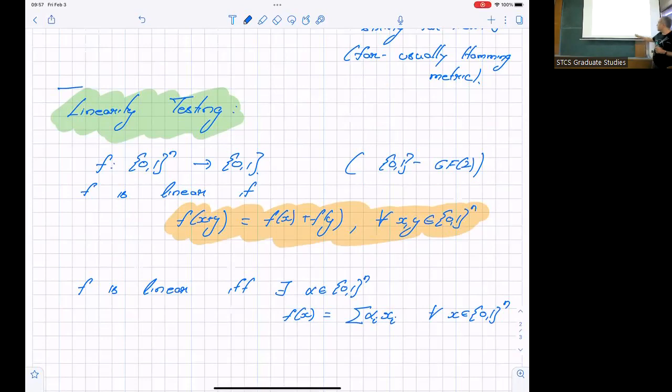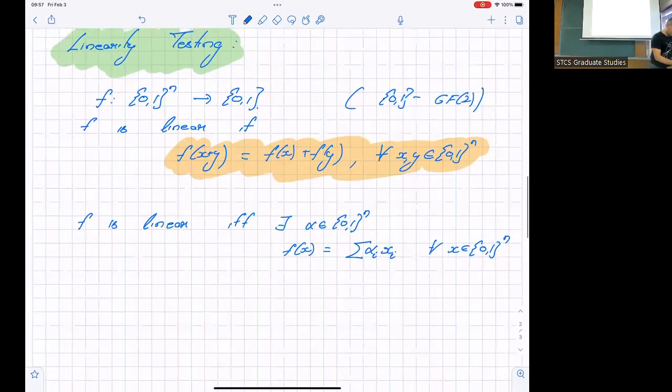This summation is happening over GF2. These are the linear functions. In this case, we'll say f is the linear function L alpha, the linear function given by the string alpha. Notice that there are 2 power n such linear functions, one corresponding to each alpha.